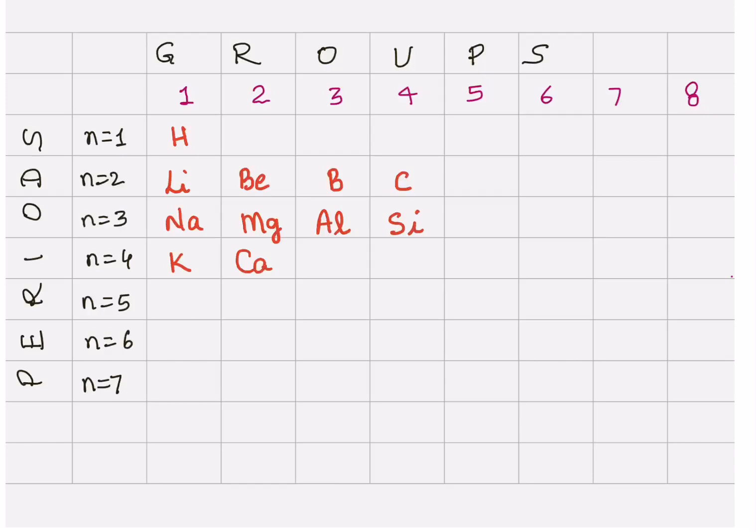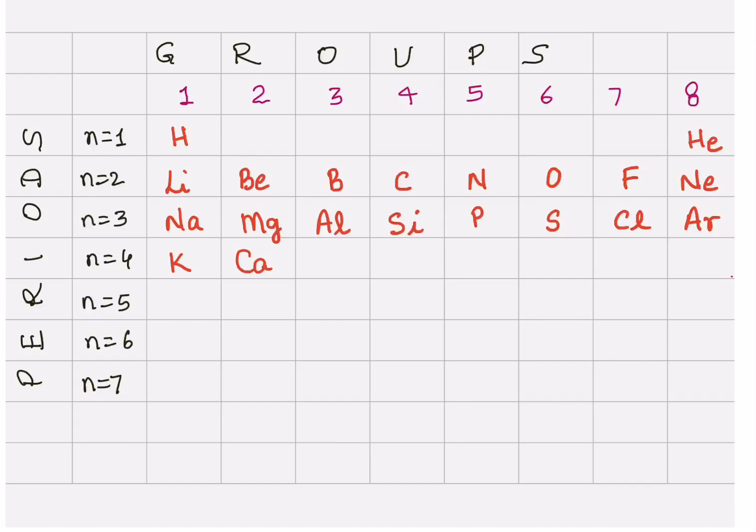Carbon, silicon. Go ahead, can you tell me? I would have loved to have an interactive class. Nitrogen, phosphorus, oxygen, sulfur, fluorine, chlorine. And here we had said helium, neon and argon, right? So that is how we place the first 20 elements in the short form.